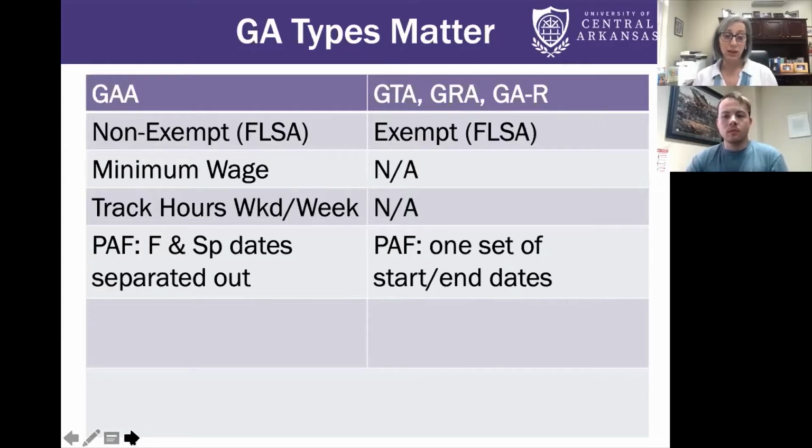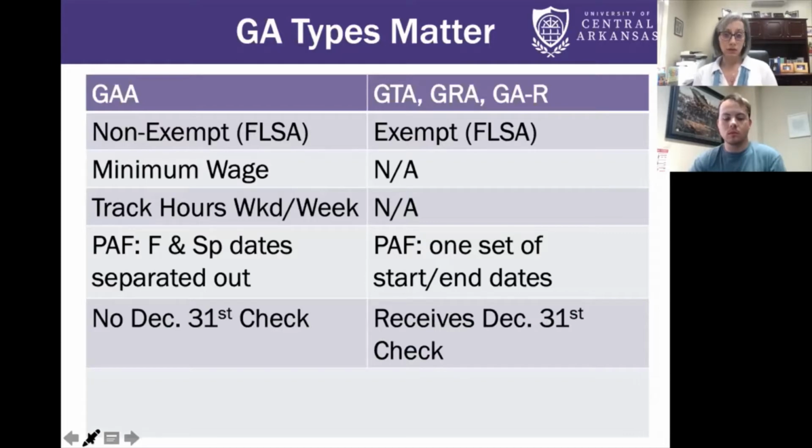So for a GAA, we ask that on their PAF, or their personnel action form, that they have a fall start and end date and a spring start and end date. And I'll share those dates in just a second. Whereas for the other GAs, you should have just one set of start and end dates. So August something through May something. But again, because of the GAAs and having to meet minimum wage, we need to separate out those dates so that we're not paying them over that holiday break.